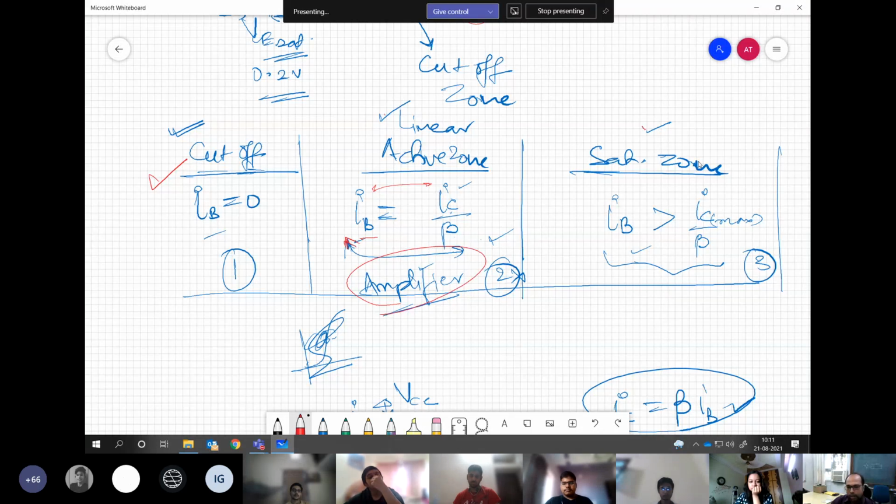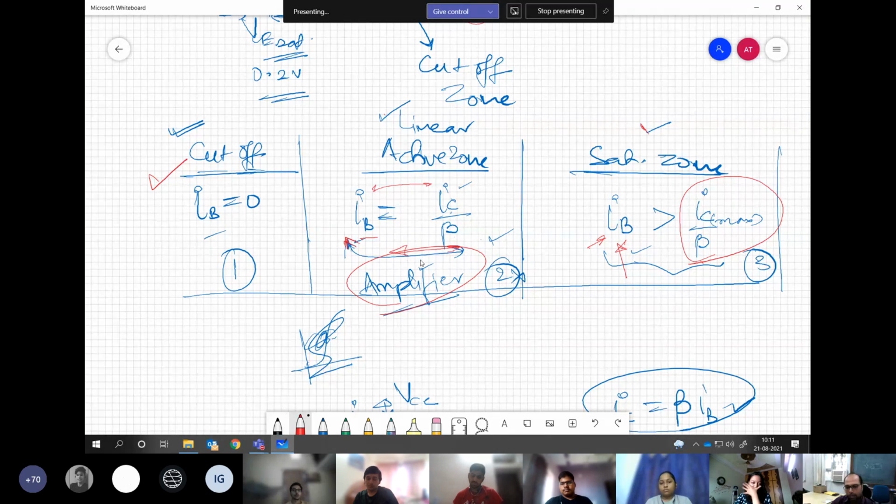Then third comes the saturation zone where we intentionally inject more than this IC/beta requirement. This IC is the maximum collector current that can flow through the circuit, through the BJT. We are intentionally injecting more current than that, and what we realize is that the device actually stops following the previous relationship, or this equation is not valid.